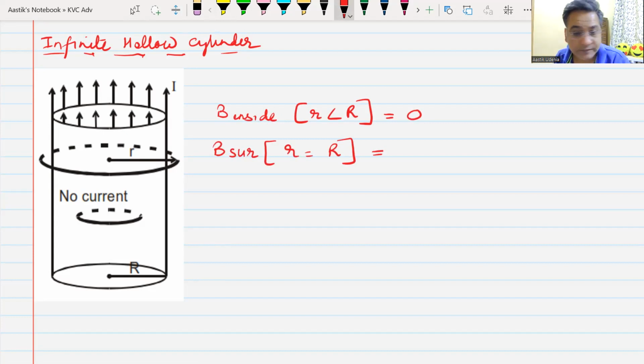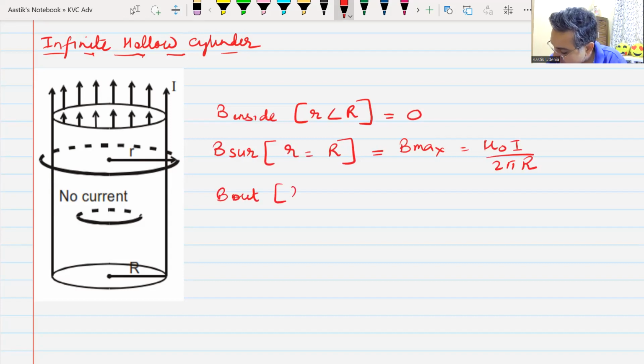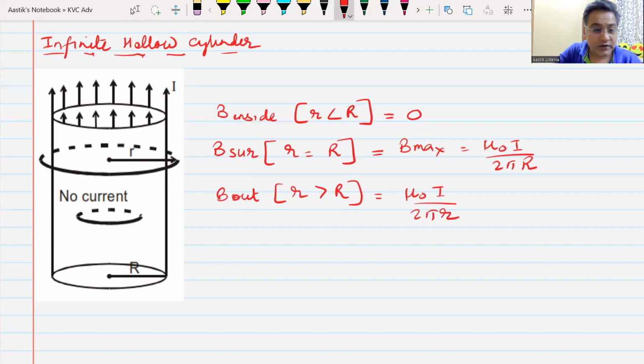How much? It will be the maximum, and that will be equal to mu naught I by 2 pi capital R. Magnetic field outside, where r is greater than capital R, will be mu naught I by 2 pi r.